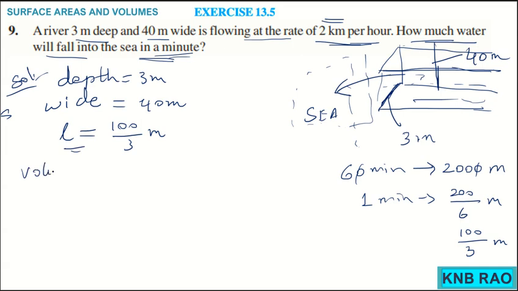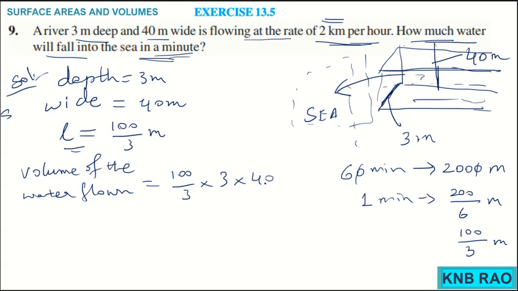Now the volume of the water flown will come as LBH, length into breadth into height, with that 100 by 3 into 3 into 40.